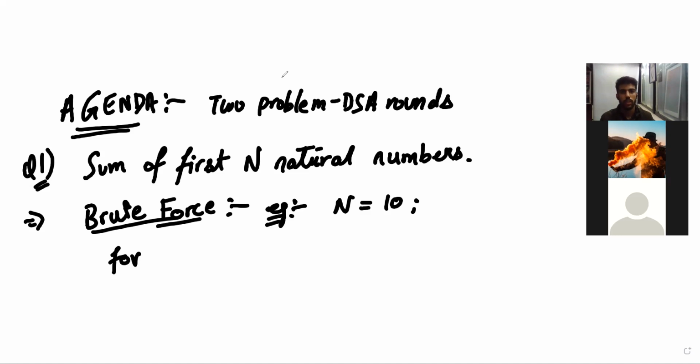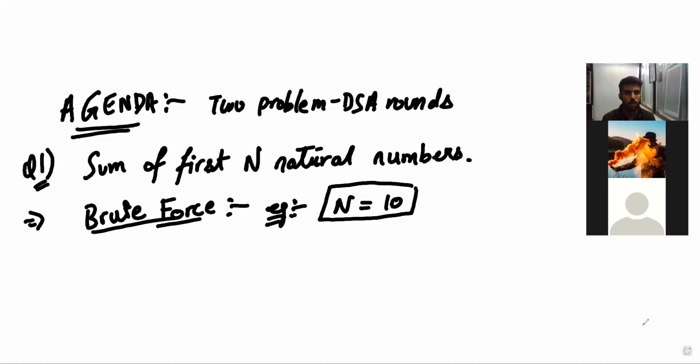Okay, so what we have discussed so far is since we need to find the sum of first n natural numbers, what Eol has suggested, we can start a for loop starting from number 1, because 1 is the first natural number. So we are taking an example of let's say n that is given to us is 10, and we need to find the sum of first 10 natural numbers.